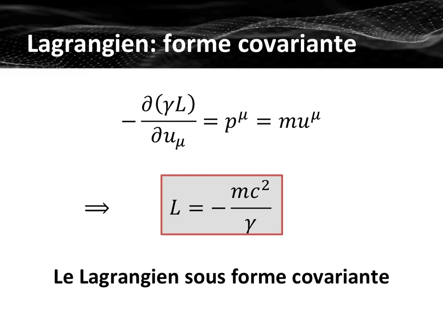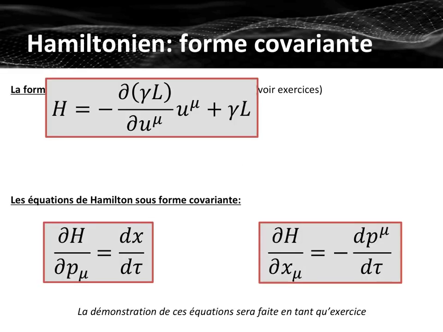Obviously, you can demonstrate very easily that the non-relativistic limit of L is just going to be half mv squared, because remember that this is for a free particle. This is how we got here, right?